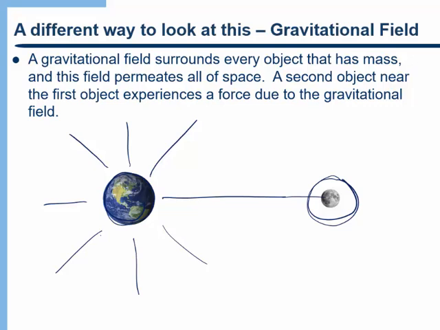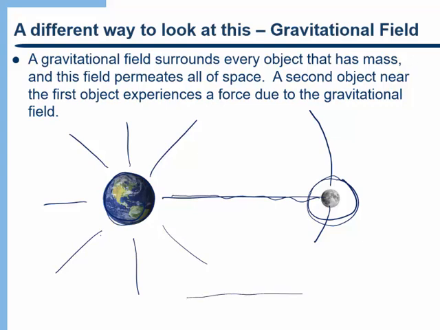Now, how does this solve our problem of the time delay? Well, now we can imagine that if something happens to the Earth, it takes a while for that change to propagate through the gravitational field. The best analogy, I think, is thinking about what happens on a lake.